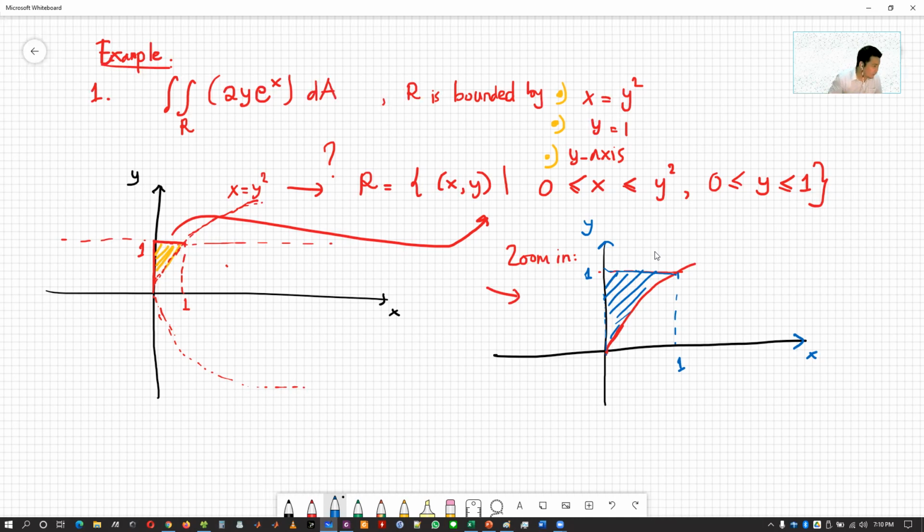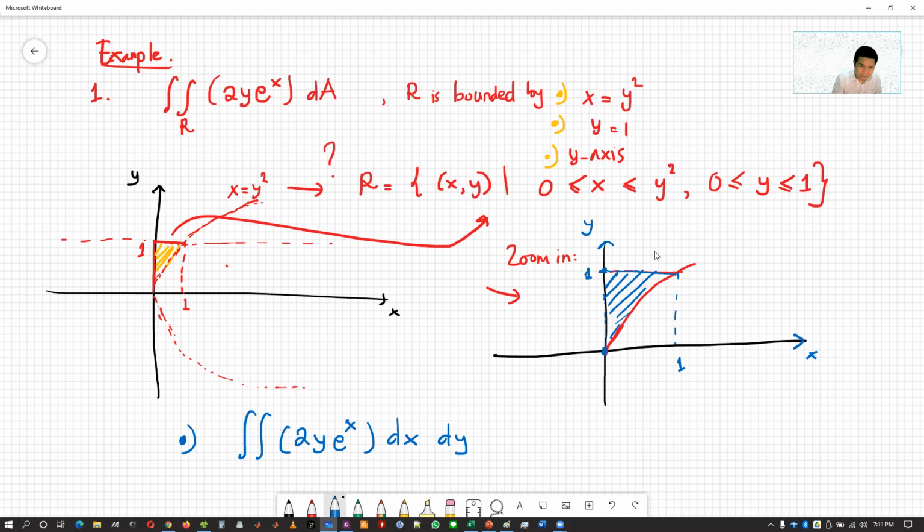Okay, this is the first attempt. We will calculate 2y e to the power of x, in x first, and then y. So in x first, the y should be constant.